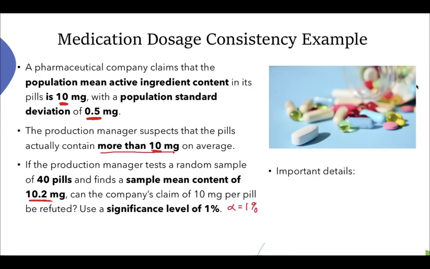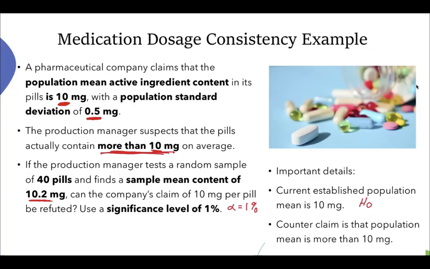Important details that we want to pull out of here. We want to pull out that the current established mean is 10. That's going to be used in our H0. And we also recognize that the counterclaim is more than 10, and that's going to be used in our formulation of HA.